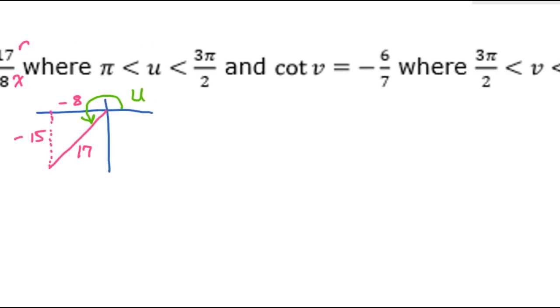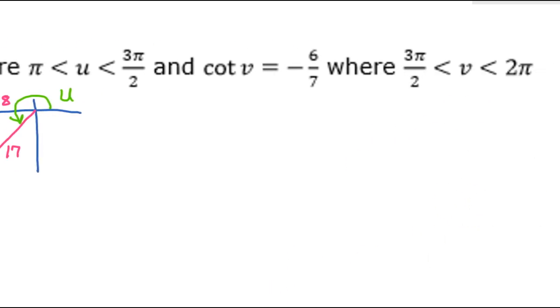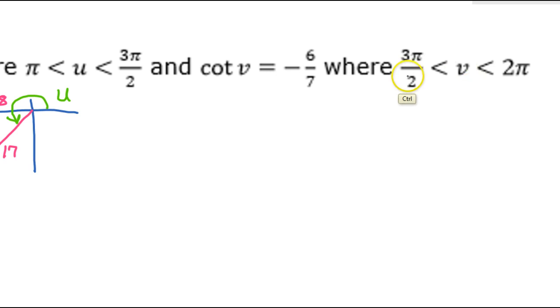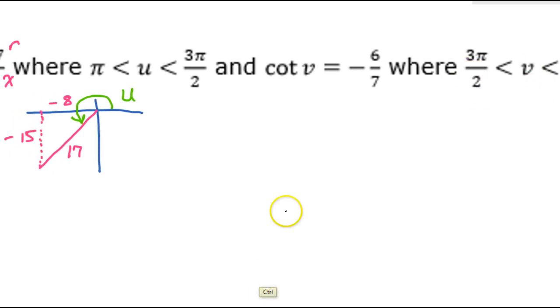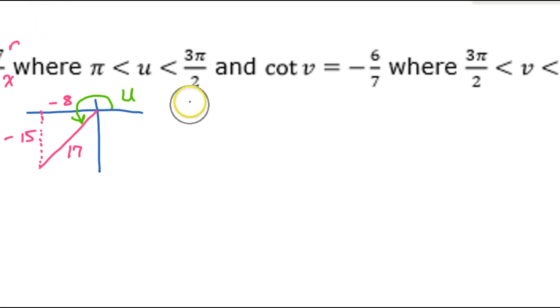Okay, now I'm going to do the same thing for angle V. Angle V is between 3 pi over 2 and 2 pi, so that is in the fourth quadrant, so I'm going to draw this picture in the fourth quadrant.